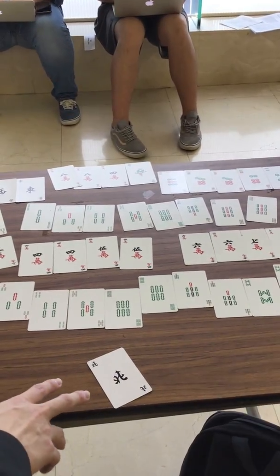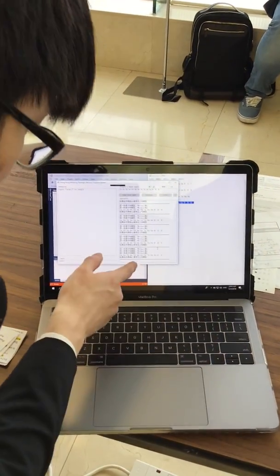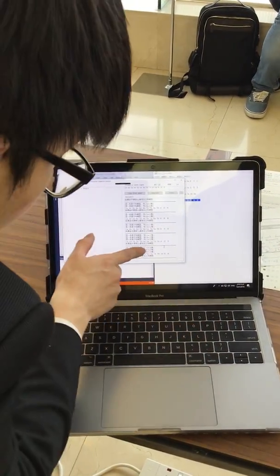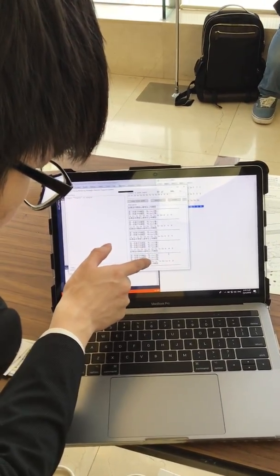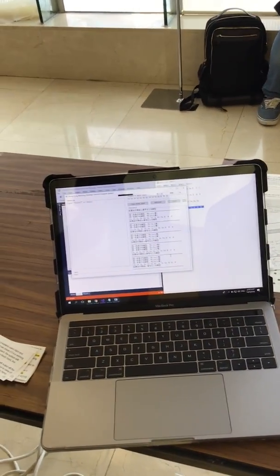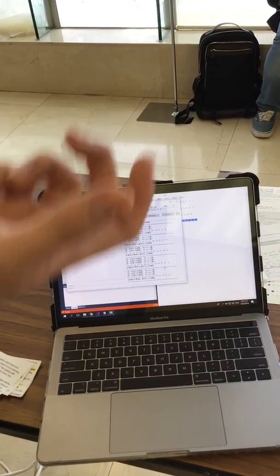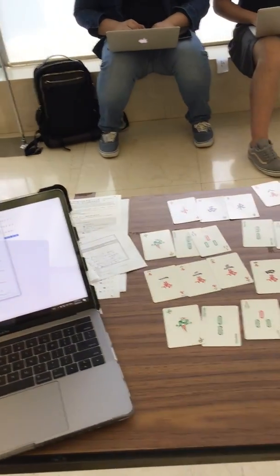Why is this the best one? Because, as you can see, the total tiles you are expecting is 3 plus 2 plus 4, so it's 9.